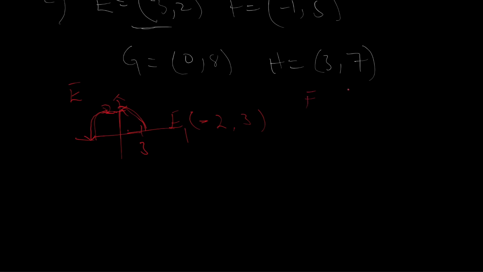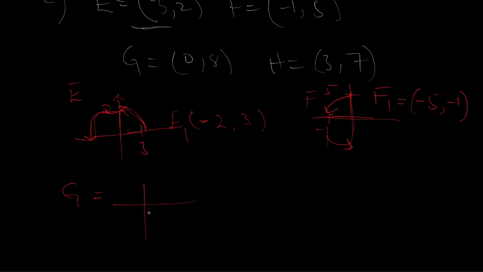So our F, which originally is (-1, 5). For an anti-clockwise rotation of 90 degrees, this moves here and this moves here. So we have our F1 being (-5, -1). Our G, which is (0, 8).